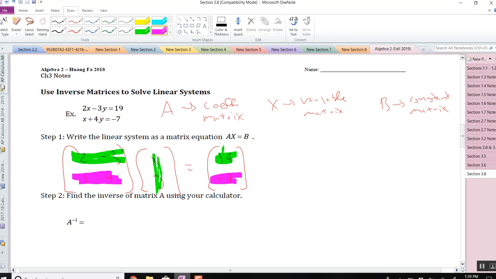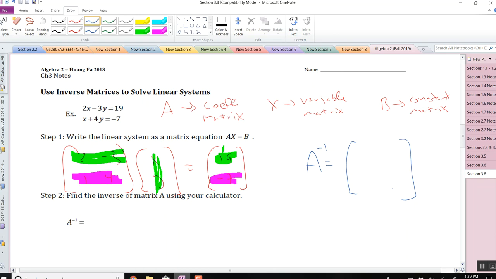Now to solve it, here's what's going to happen. We are going to have to find the inverse of A. So if I actually go to my calculator, do alpha zoom, 2 by 2, 2, -3, 1, and 4, raise it to the -1 power.